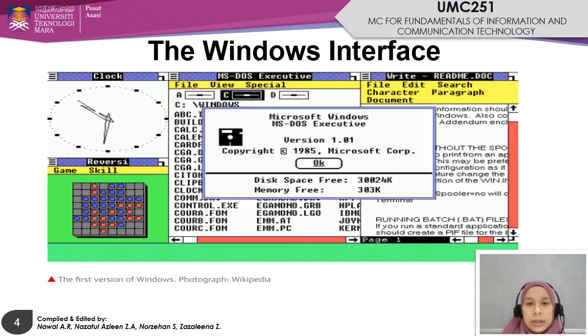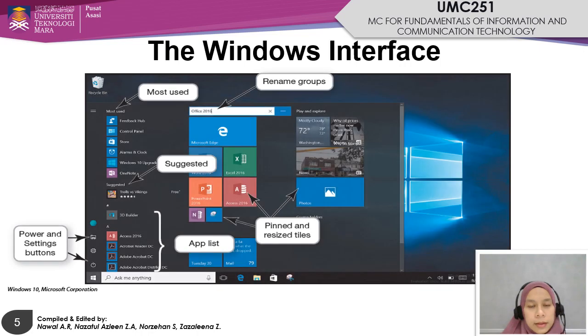For the Windows interface, I'll show you the first interface, released by Windows in 1985. The interface is very simple and has small icons and menus, but it has minimal information and function. This is the current Windows interface, Windows 10, which we currently use.